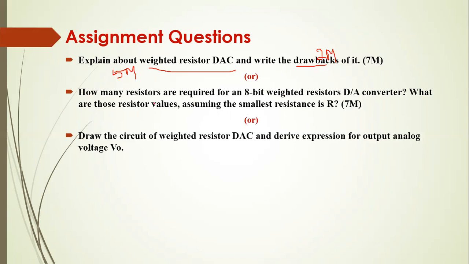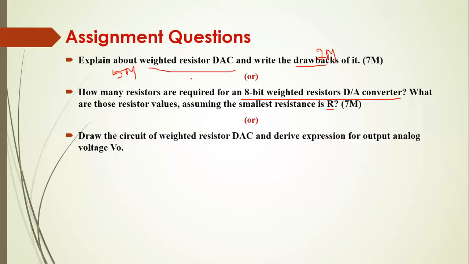Next, how many resistors are required for an 8-bit weighted resistor DAC converter? What are those resistance values, assuming the smallest resistance is R? Here it is nothing but a theory question itself, but it is given in an indirect way. Here it is mentioned as an 8-bit weighted resistor DAC converter.